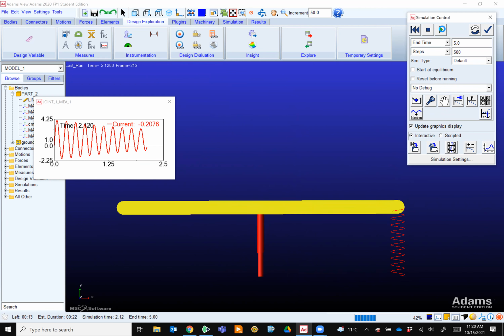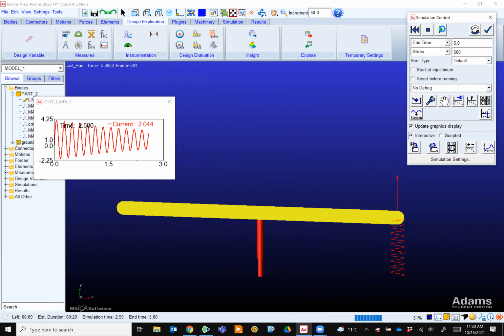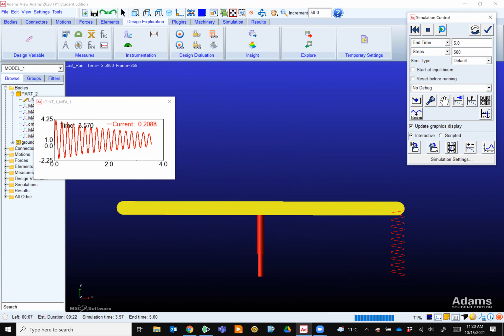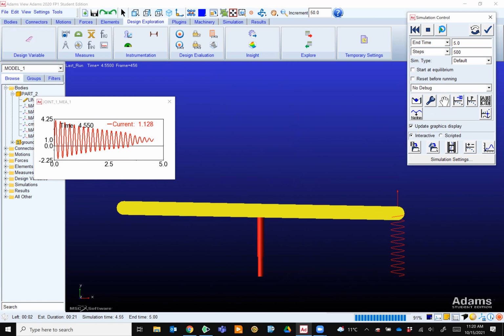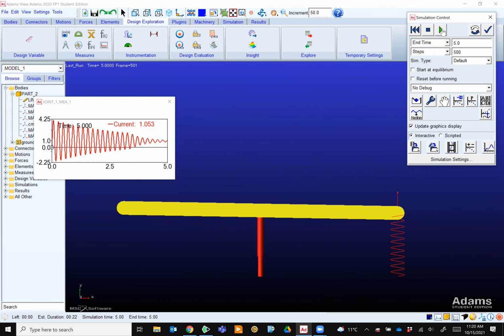And as you can see, the amplitude of the vibration shows the theta, how the center of mass is moving up and down. The amplitude of vibration becomes smaller and smaller. As we discussed last lecture, the amplitude decreases in a logarithmic way.